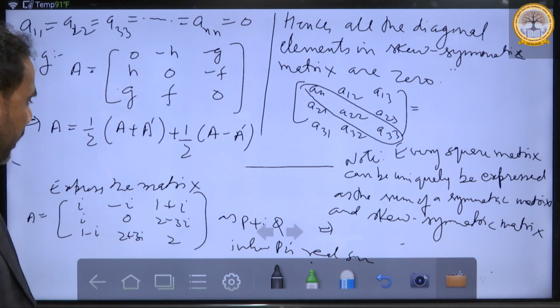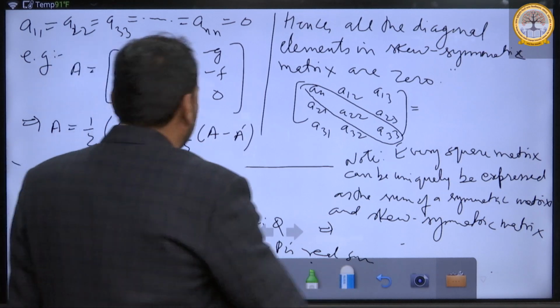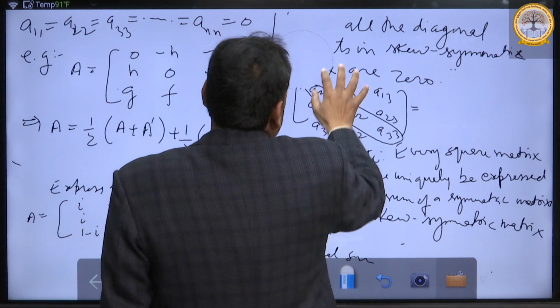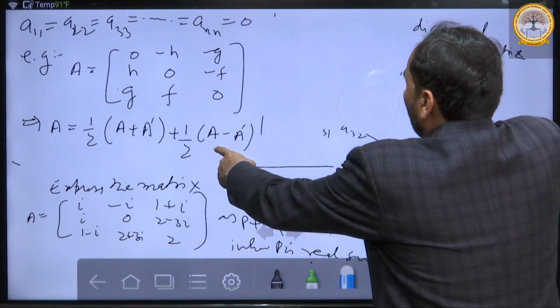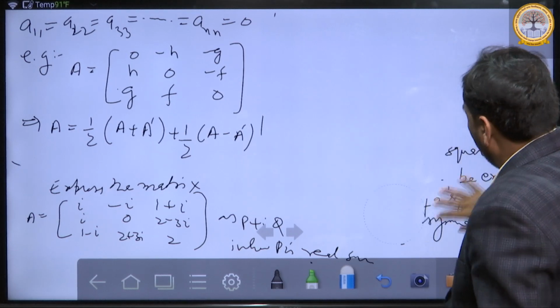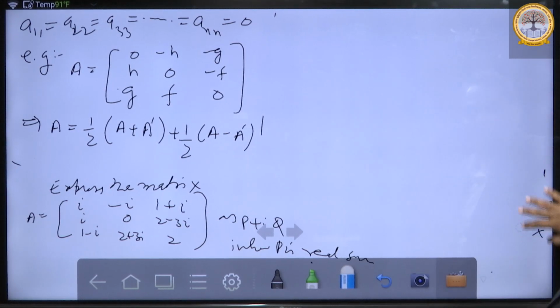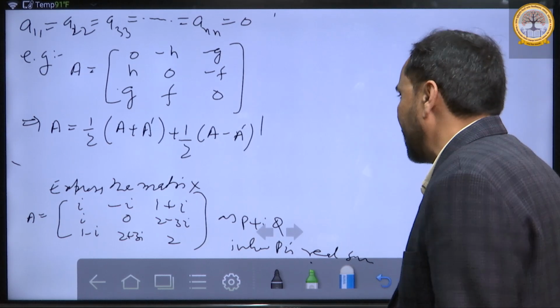So for numericals, for this definition of skew symmetric matrix and symmetric matrix, this is the formula we use, and also we use the definition of symmetric matrix and skew symmetric matrix.